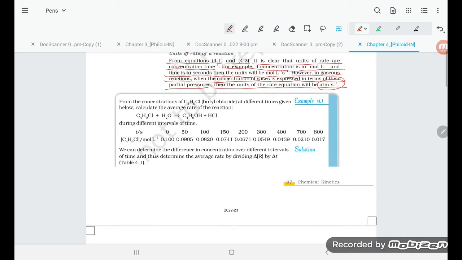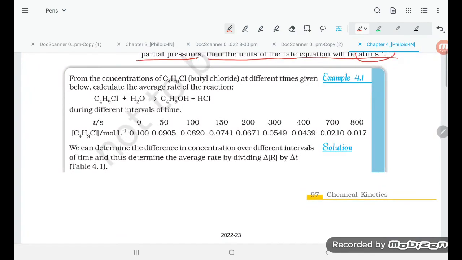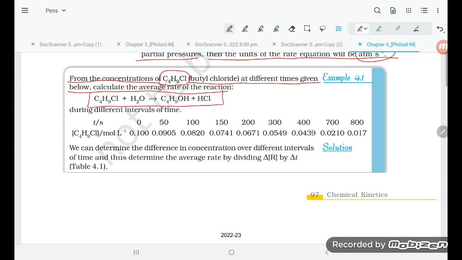Okay, now try to understand with example 4.1. For the concentration of C4H9Cl, butyl chloride, at different times given below, calculate the average rate of reaction. C4H9Cl plus H2O gives C4H9OH, this is alcohol, plus HCl.